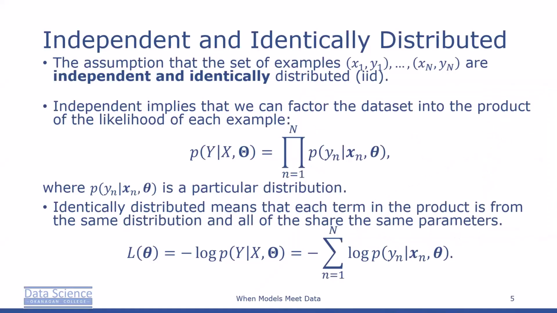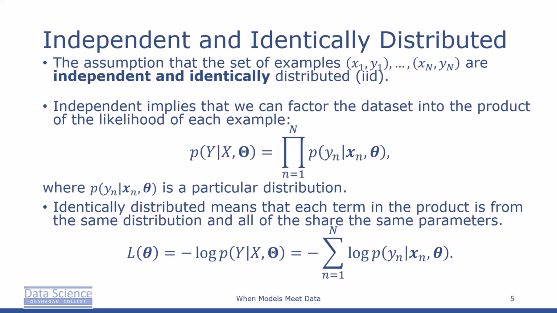We assume that the set of examples x1, y1, x2, y2, and so on, are independent and identically distributed. The word independent implies that the likelihood of the whole data set factorizes into the product of the likelihoods of each individual example.